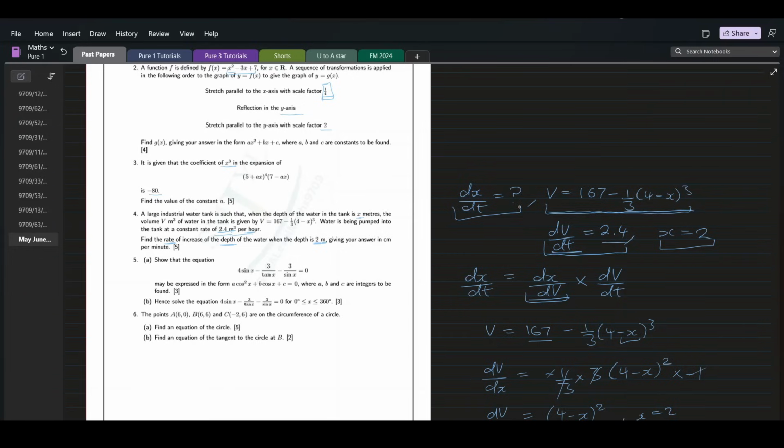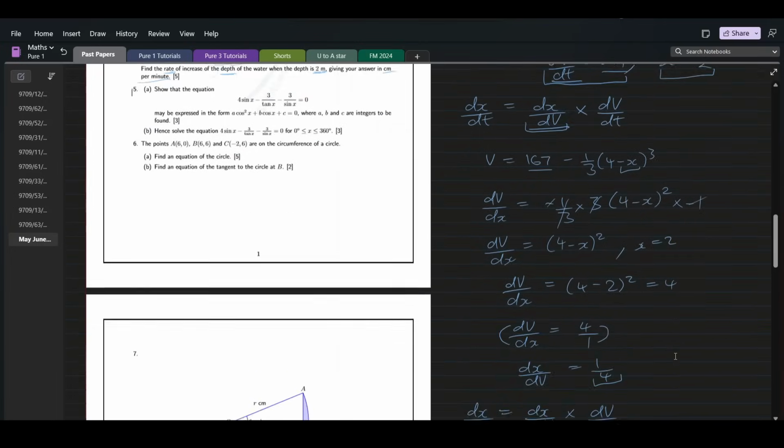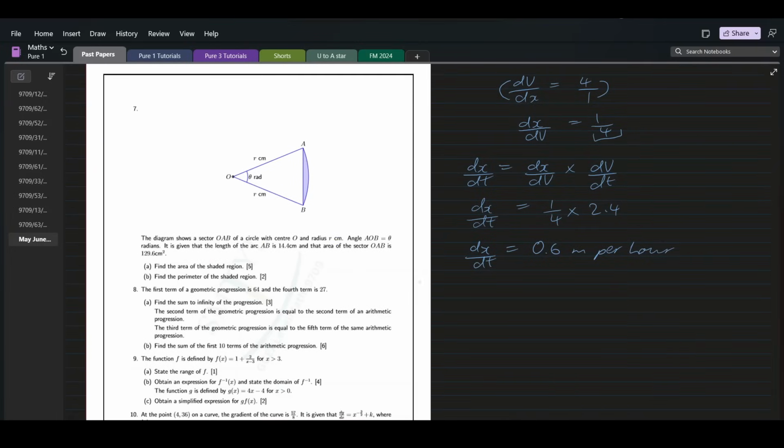The question clearly states that it wants the answer in centimeters per minute, so we have to change our answer here, and to do that we can simply multiply dx/dt, which is 0.6, by 100 over 60, and if you punch that into your calculator, 0.6 by 100 over 60, that gives us 1. So that's 1.00 cm per minute. And this would be our final answer.